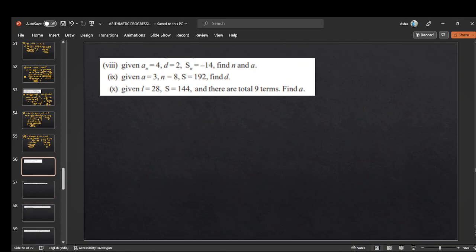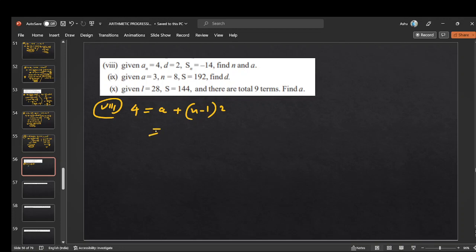Now there is no question here. We should move on to the next question. Question number 8. Here an is given, d is given, Sn is given. Find n and a. What will be the solution? We should use an. n is 4 is given. a plus n minus 1 into d. d is 2.